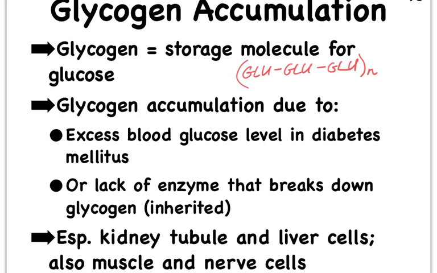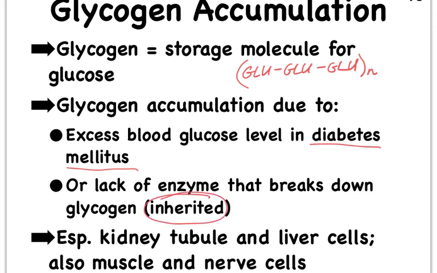But we have diseases out there to where a person may end up with too much glucose, as is the case in diabetes mellitus. Of course, you'll learn a lot more about diabetes mellitus in pathophysiology too. It might also be that a person does not have the right enzymes to break down glycogen into individual glucose molecules.